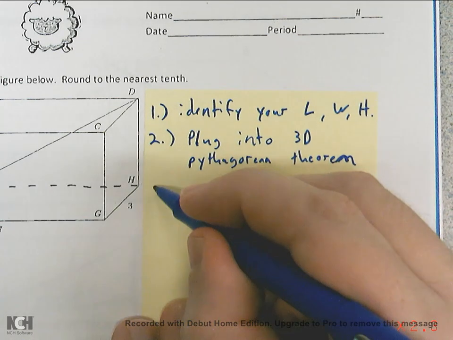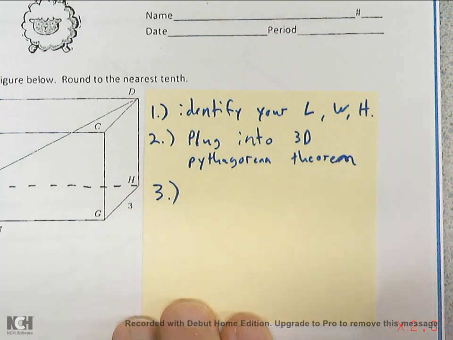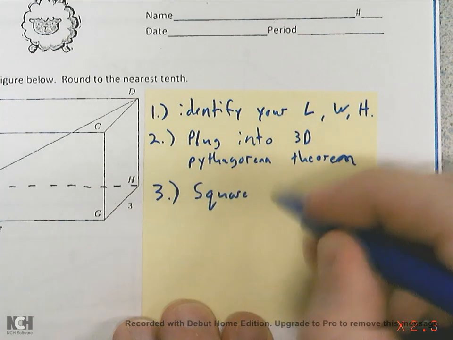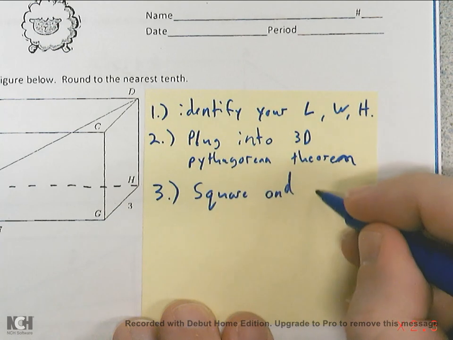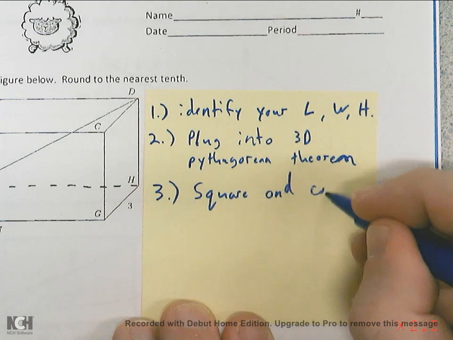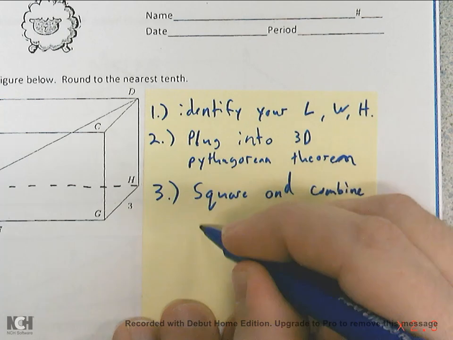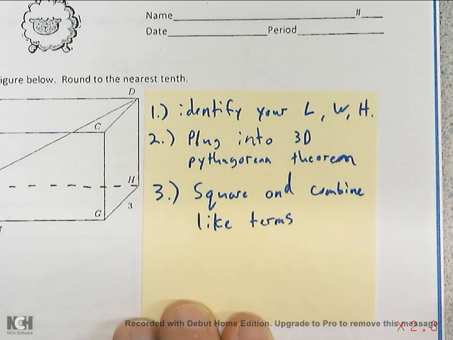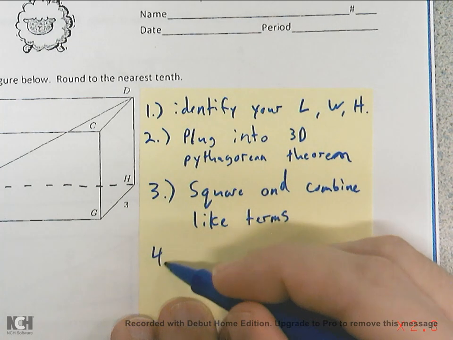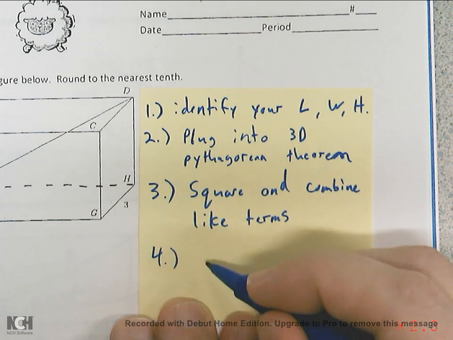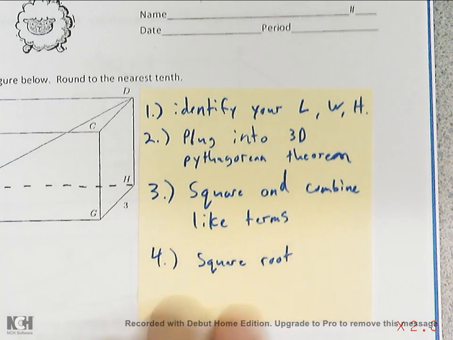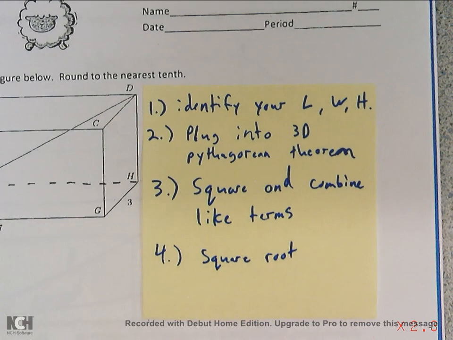Then after that, we are going to square and combine like terms. And then the last step is to square root. Okay, so those are our steps.